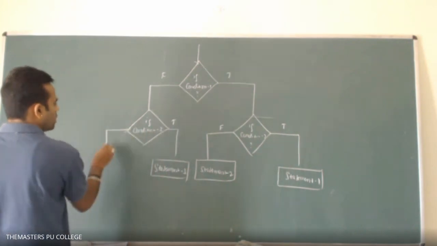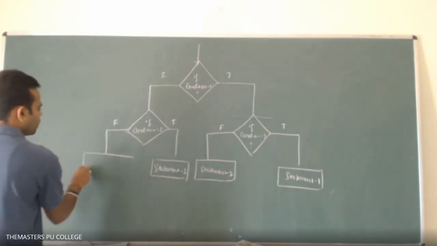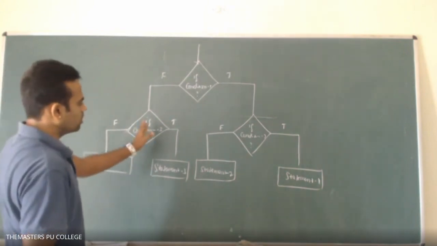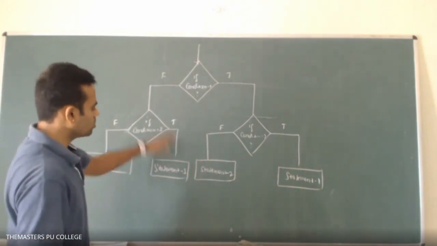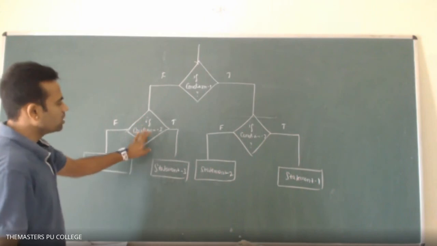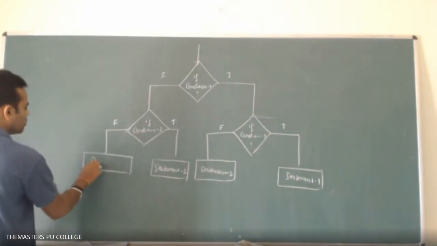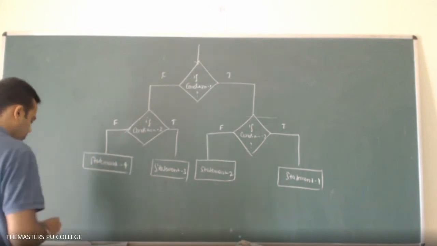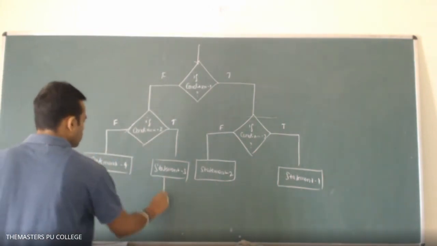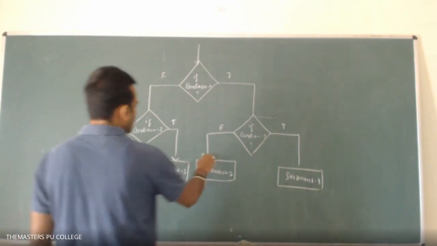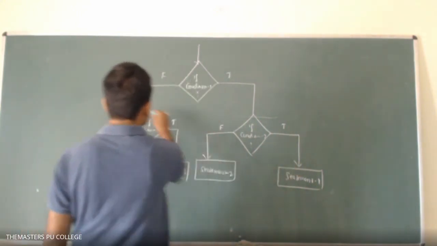If it is false, finally, statement 4. Okay, so you join all this, so please do write an arrow mark for all.